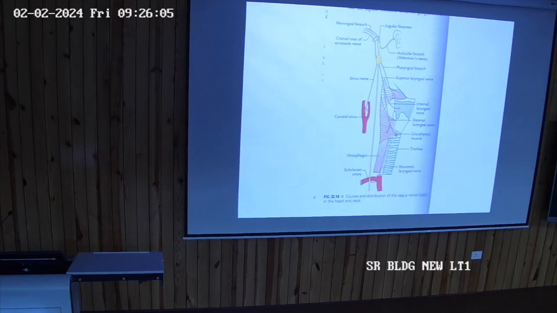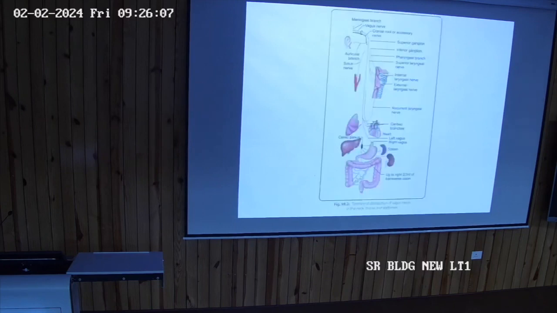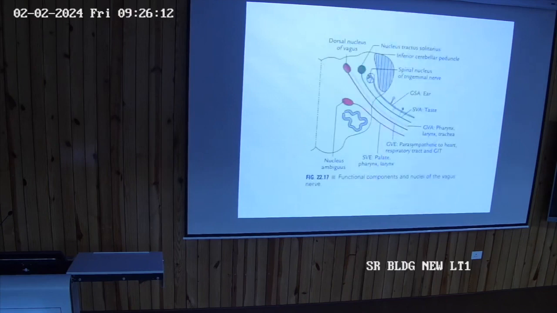Now see the components of the nerve. First of all, it has the part of these nuclei: the nucleus ambiguus, the dorsal nucleus of vagus, nucleus tractus solitarius, and spinal nucleus of trigeminal nerve.